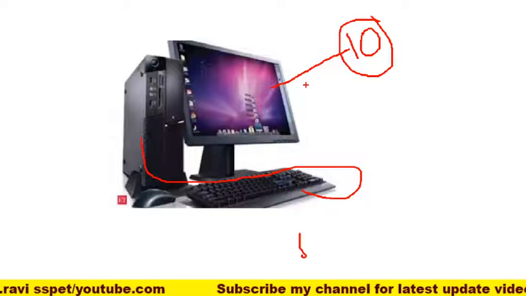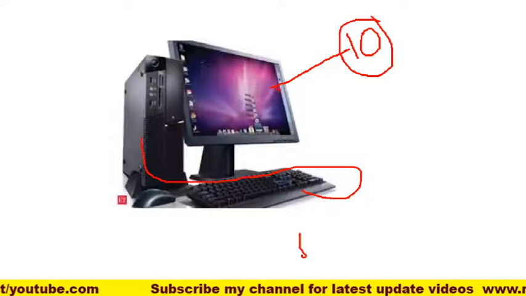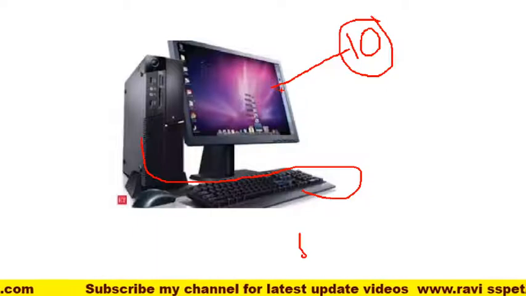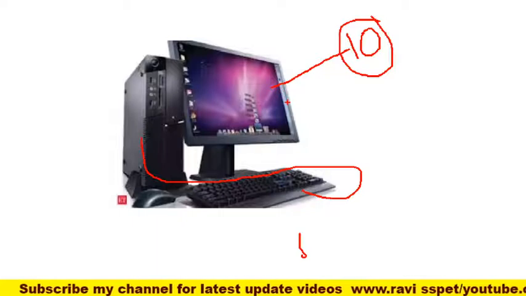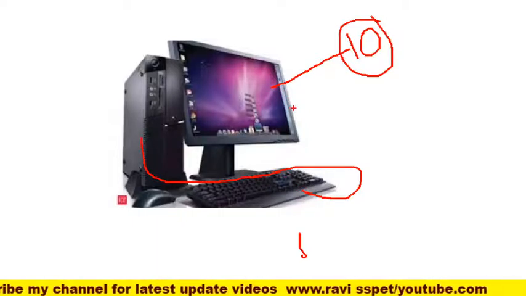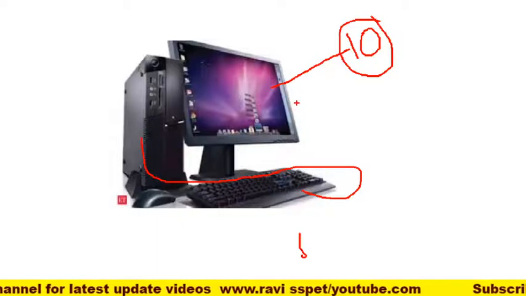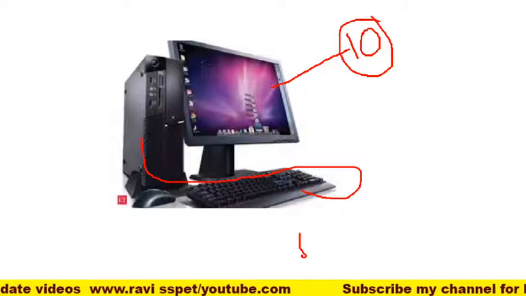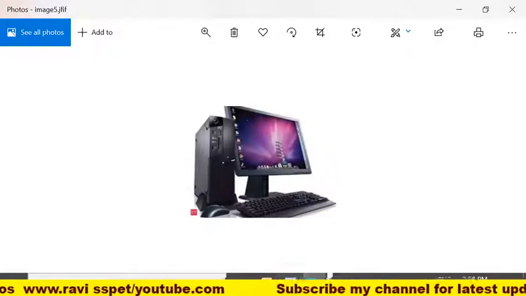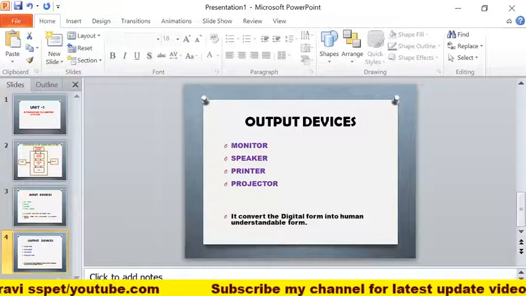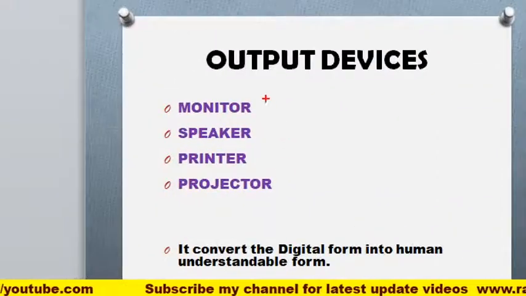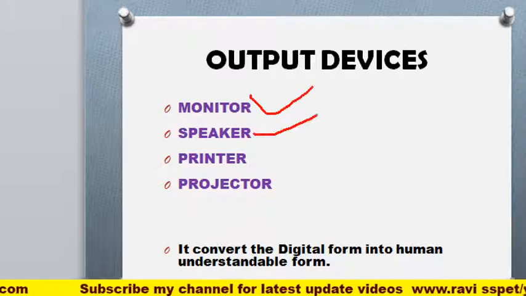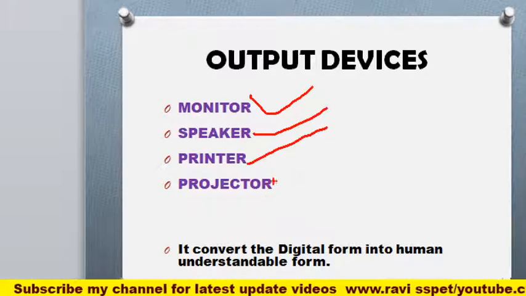Then again we want to see the 10. So what happened again? The output devices convert that computer understandable language back into human understandable language. These are the output devices: monitor, speaker, printer and projector.